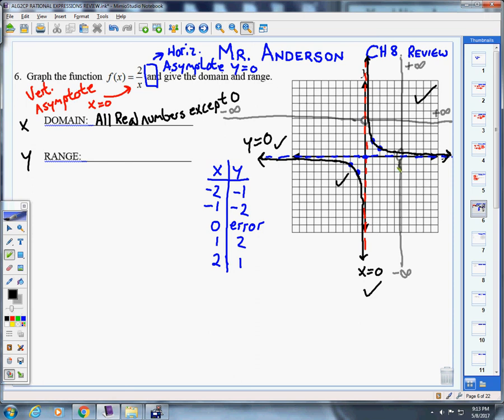So we see we have the function everywhere except right here at y equals 0. So again, we have all real numbers except right where y equals 0, except 0.